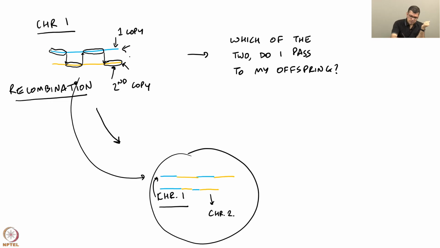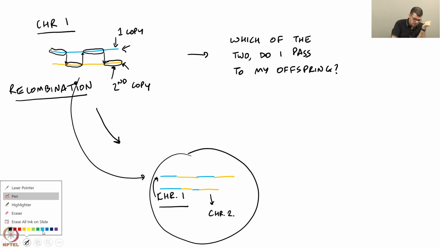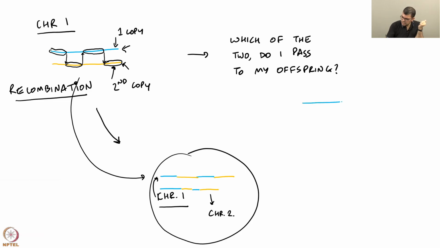Now, does this process of shuffling and recombination matter? Imagine the scenario where the two copies that I am carrying, again I got one from my father and one from my mother, let us say we are talking of chromosome 1, are completely identical to each other. Let us say this came from my father, this came from my mother.